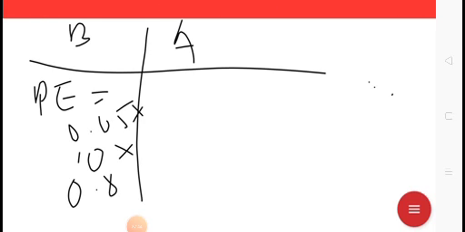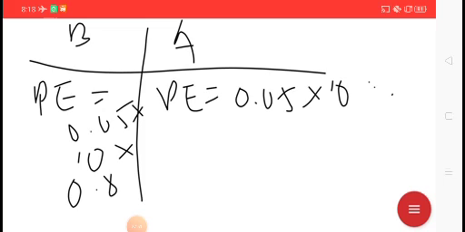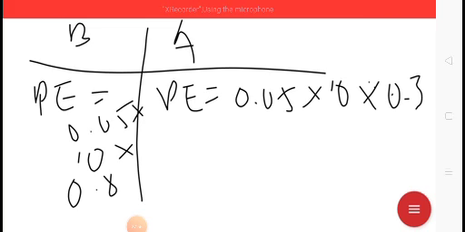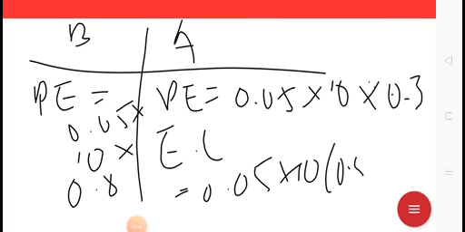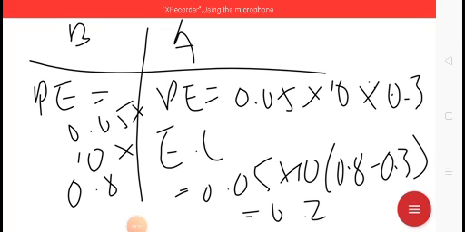But after bouncing back to the maximum height, the total energy that you have is 0.05 times 10, but now you only have 0.3 meter. Okay, so the energy loss will be equal to 0.05 times 10 times (0.8 minus 0.3). So you should be able to get 0.25 joule. This is the energy loss for this question.